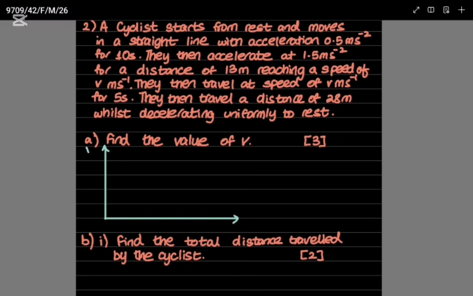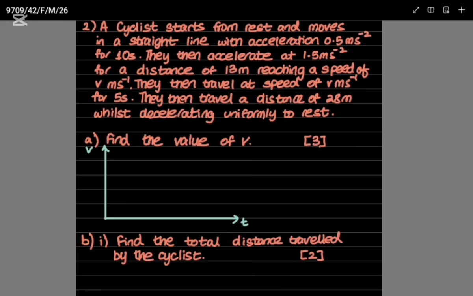Rough diagrams are going to be very useful and they are very important in AS math. Now, this is a VT graph. You might be thinking, why VT, why not an AT graph, an acceleration time graph, or a displacement time graph? The reason is the givens in the question.